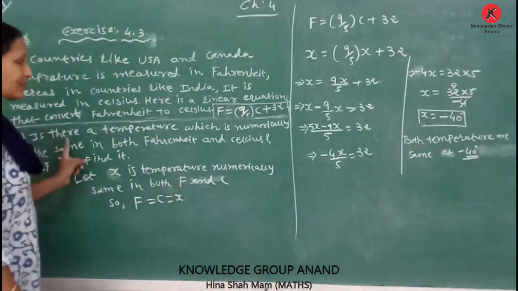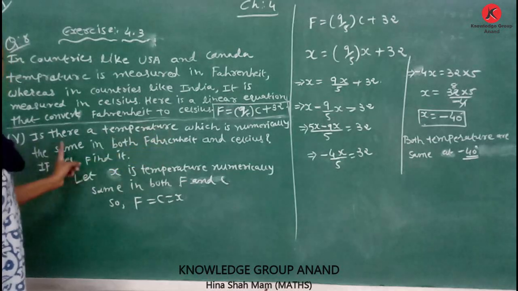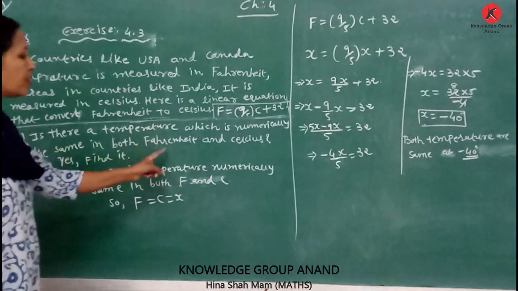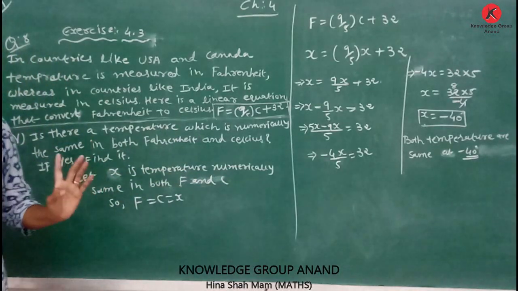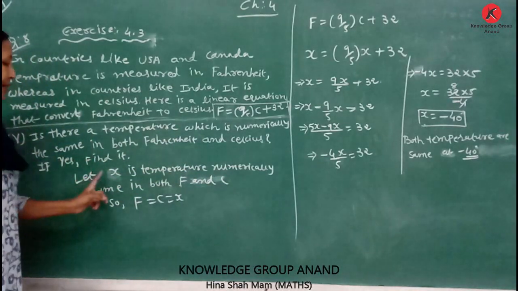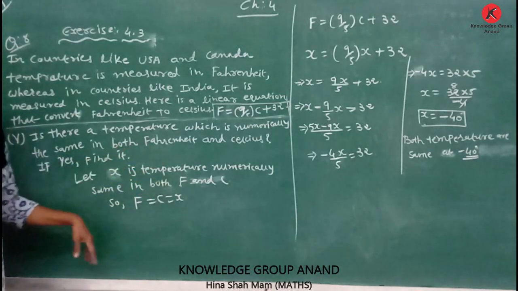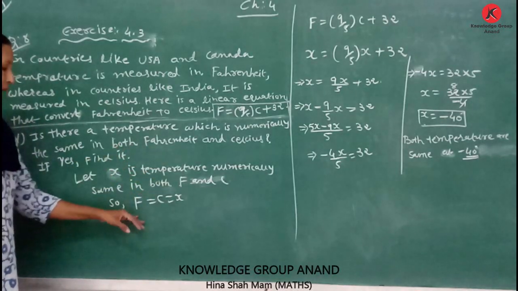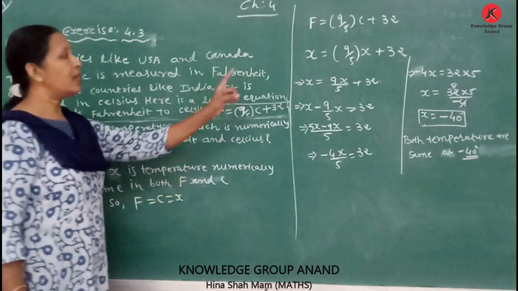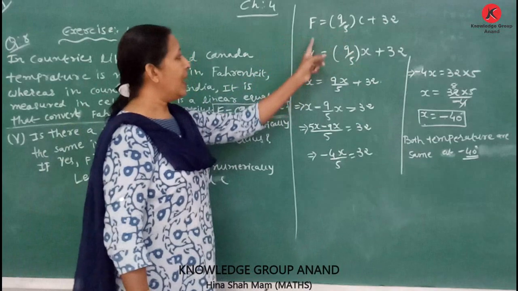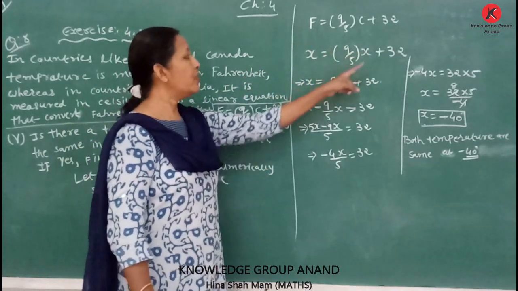Again, is there a temperature which is numerically the same in both Fahrenheit and Celsius? If yes, find it. Let X be the temperature, numerically the same in both F and C. So F is equal to C is equal to X. Putting this in our linear equation, X is equal to 9/5 into X plus 32.